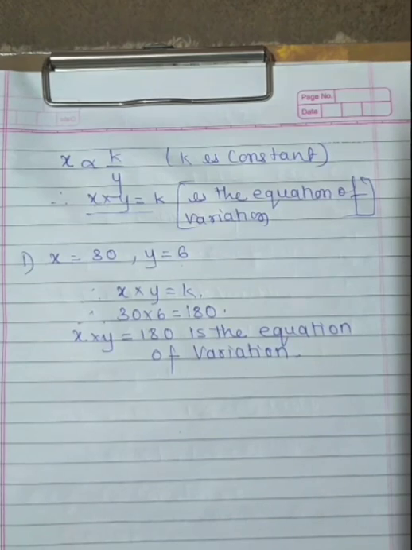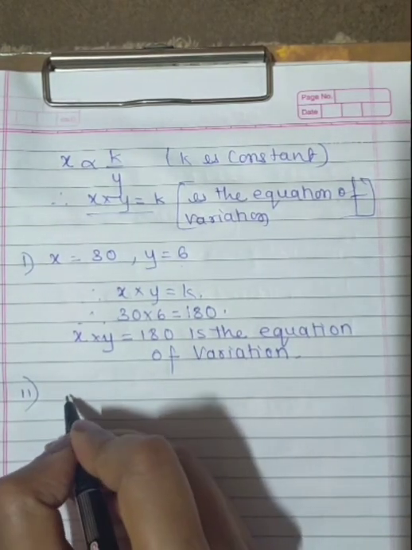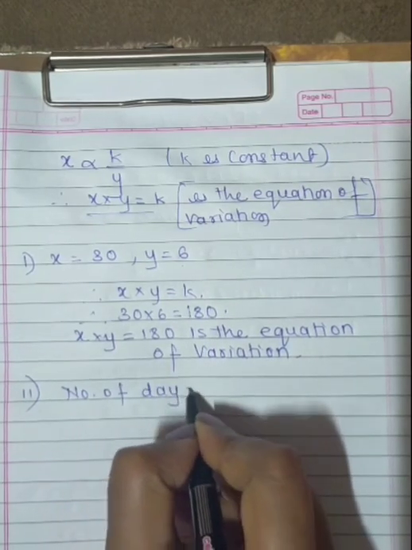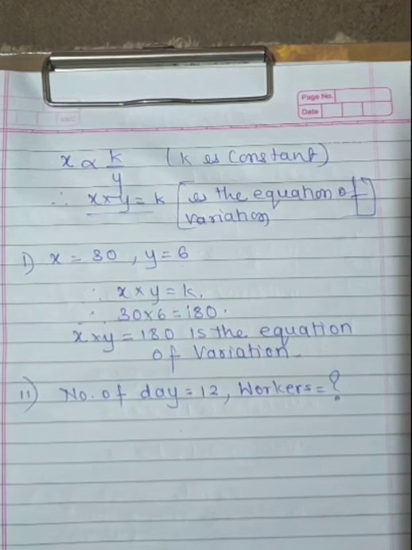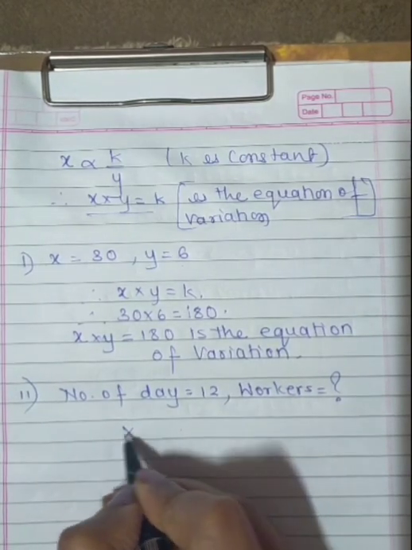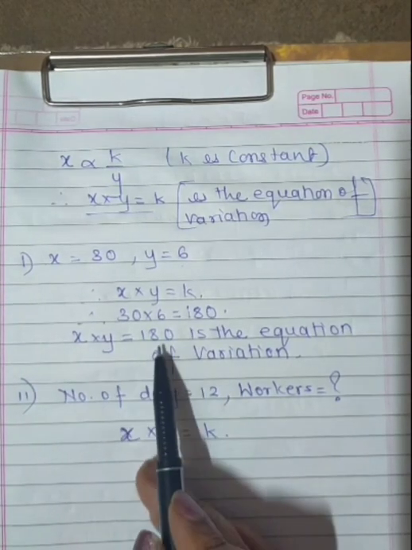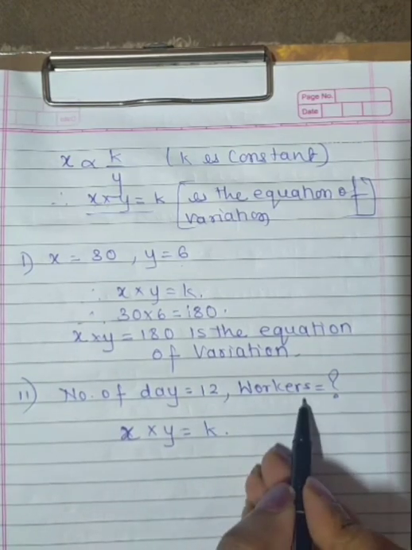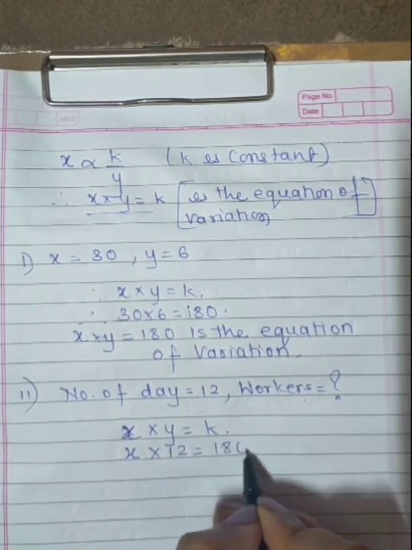Now we have the number of days, 12, and we have to find the number of workers. We take X into Y equal to K. As you know, we got the constant 180. So X into 12 equal to 180.